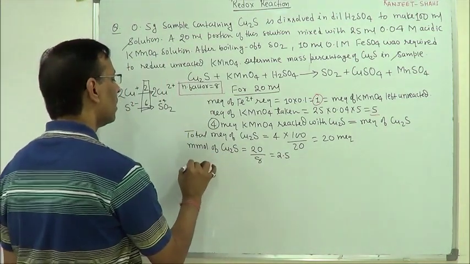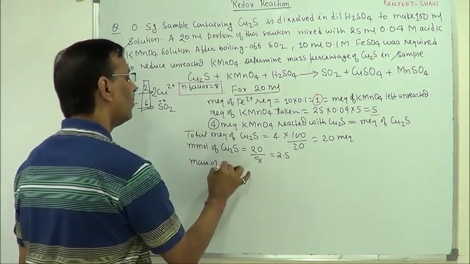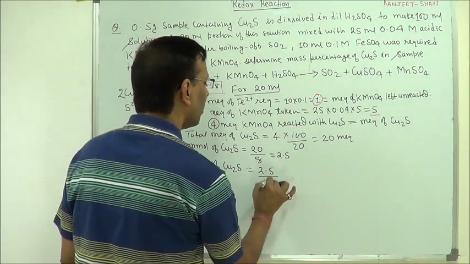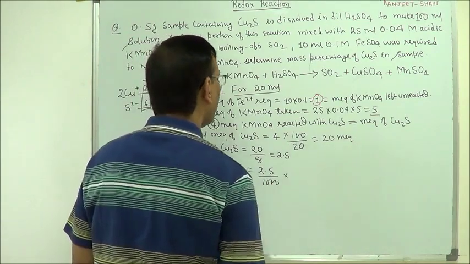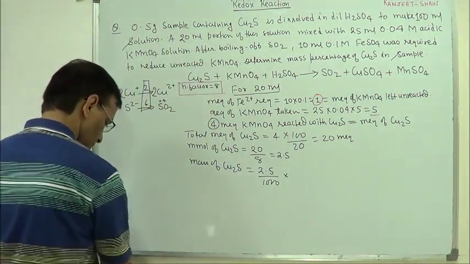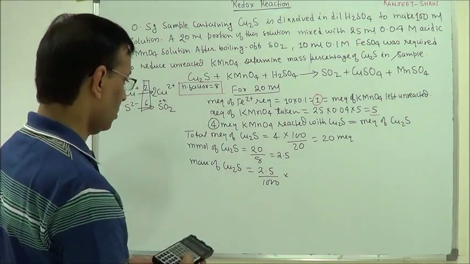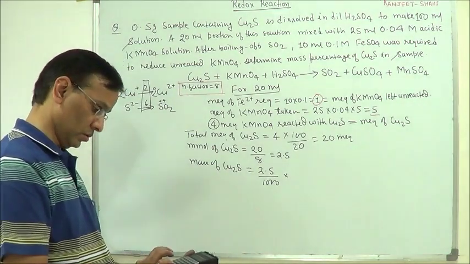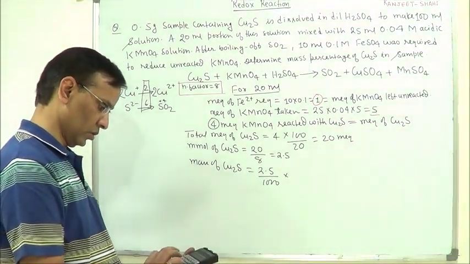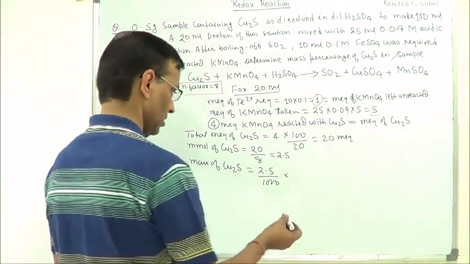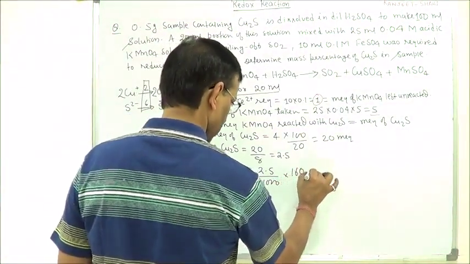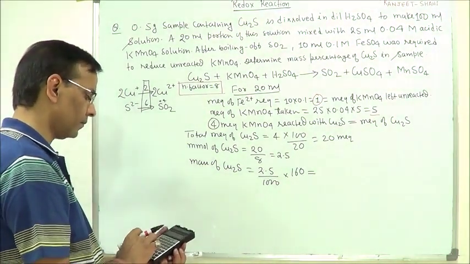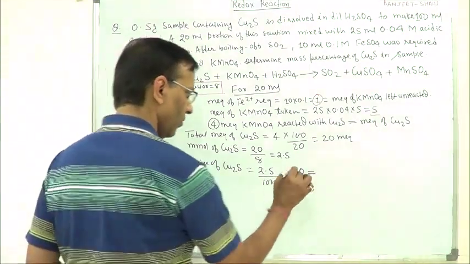So the mass of Cu2S is 2.5 upon 1000 mole into the molar mass of cuprous sulfide, 64 into 2 plus 32, 160. If we multiply, it comes out to be 0.4 gram.